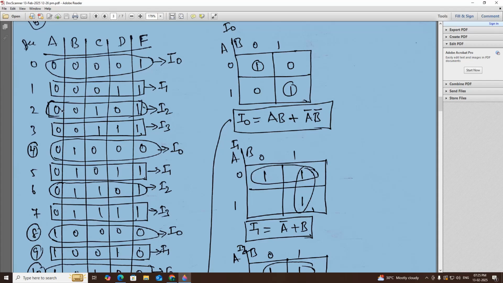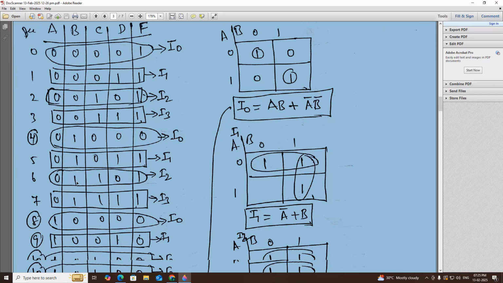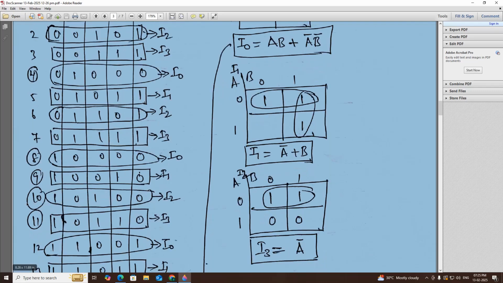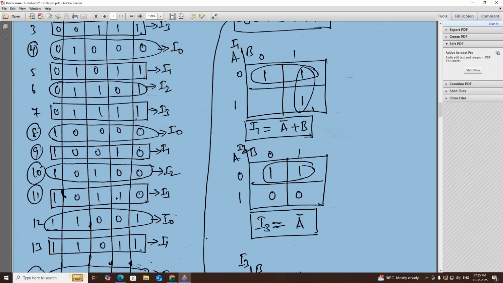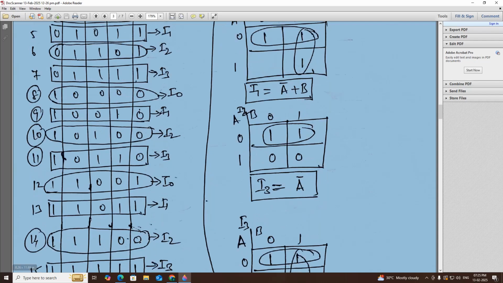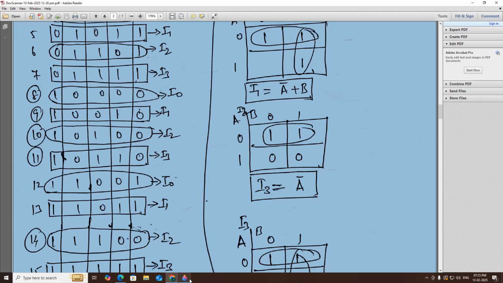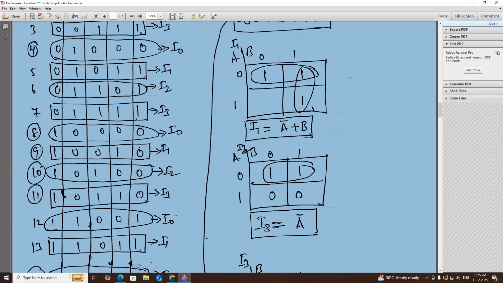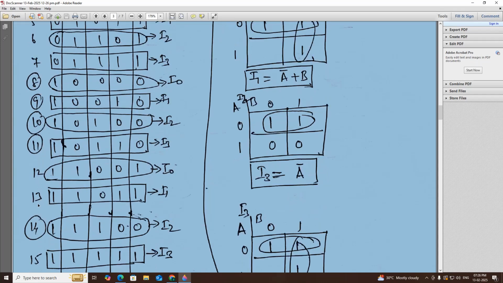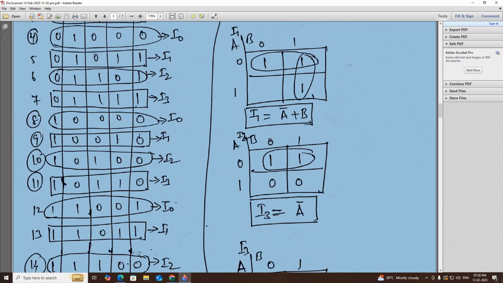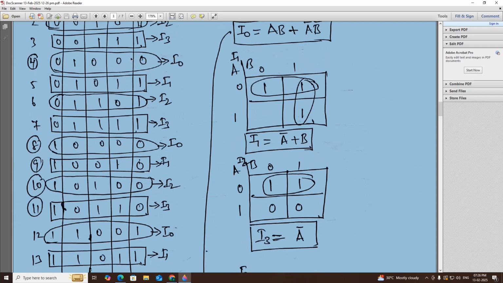So for 4, f is 0, for 8 f is 0, for 9 f is 0, for 10 f is 0, for 11 f is 0, and for 14 f is 0.